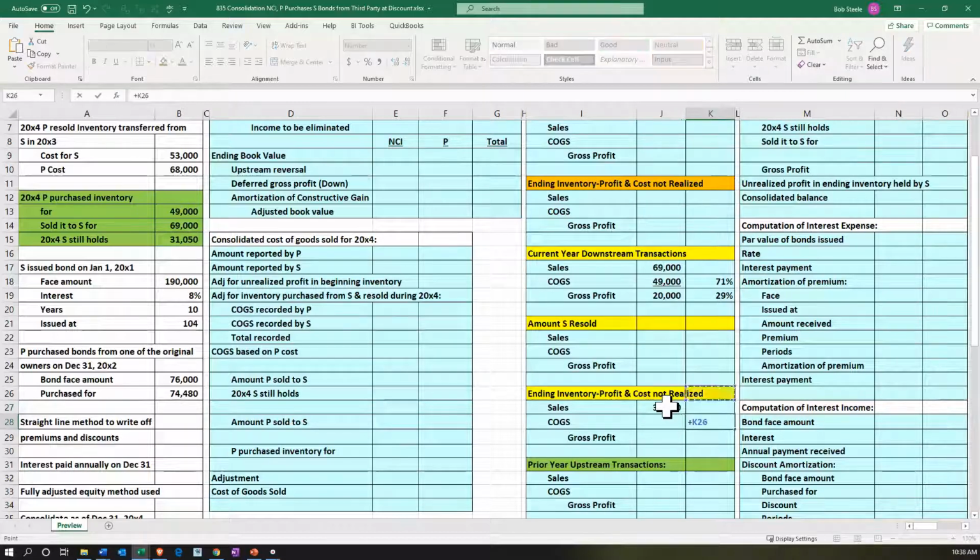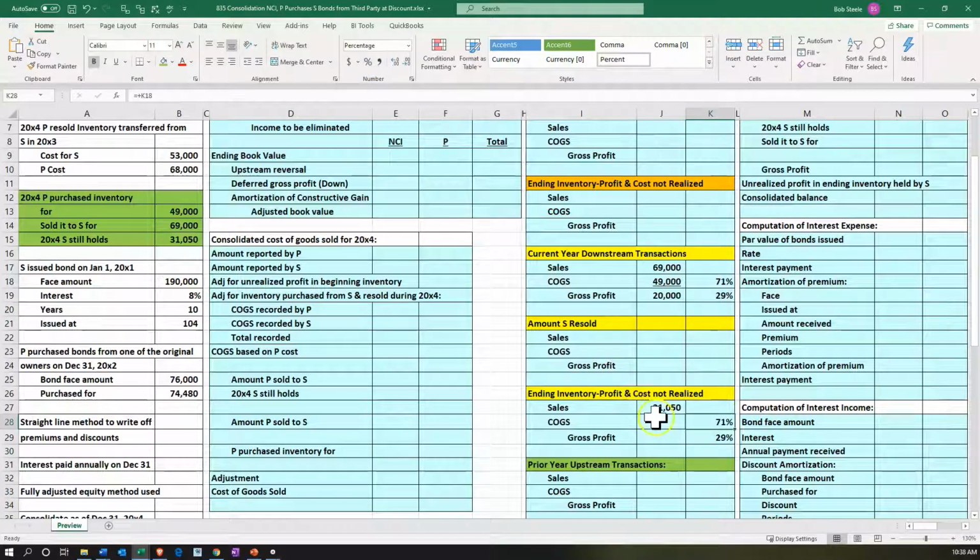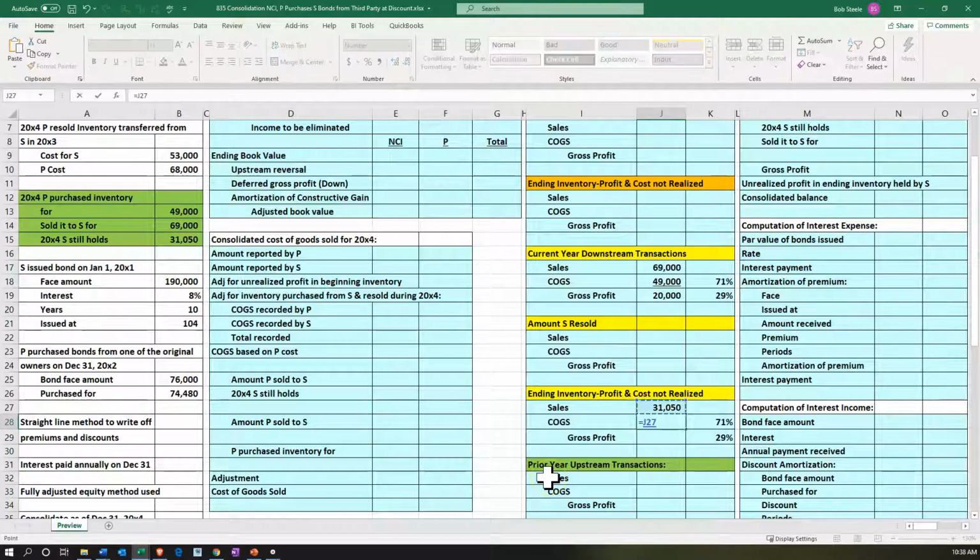If I take these same percentages, noting again the rounding involved here, and I make this a percent, it should be a percent on your worksheet, then I can take the 31,050 times the 71%, and the 31,050 times the 29%, and that will be the 9,000.